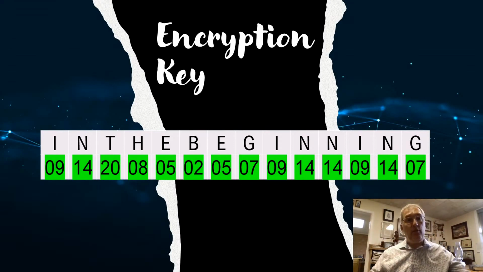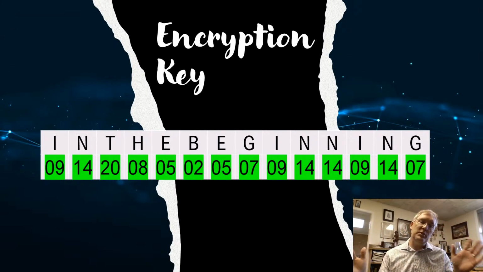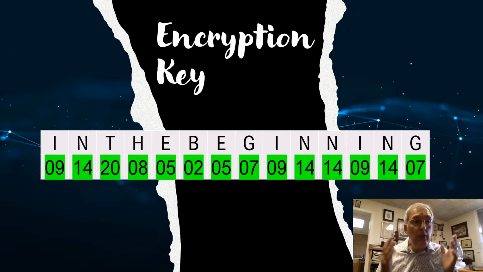You can use a different encryption key for conversation with every different person. And if you're really going to be special, super top secret, you use a different encryption key for every single message. Whoa. That's a little more difficult because people on both ends of the message have to have the key. So in this case, in the beginning is lined out, and use the same number chart to create your number values.